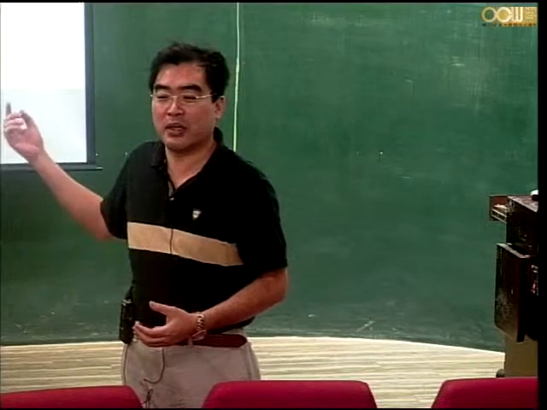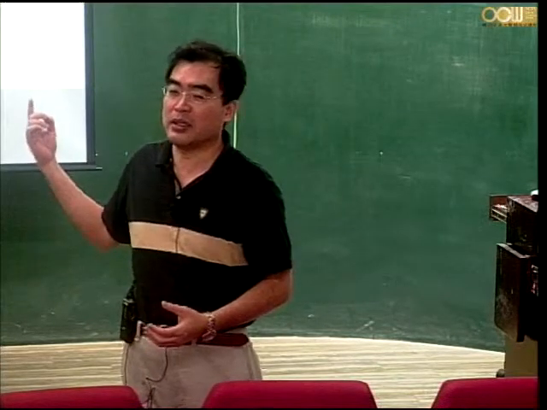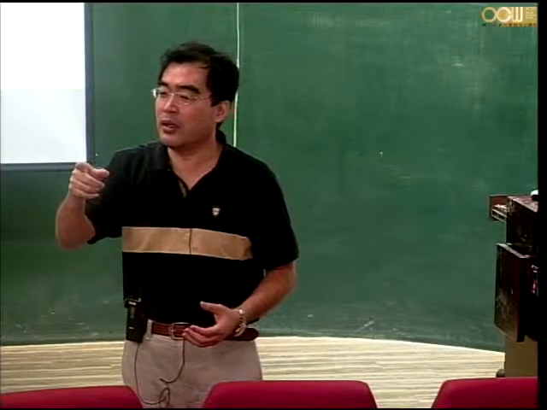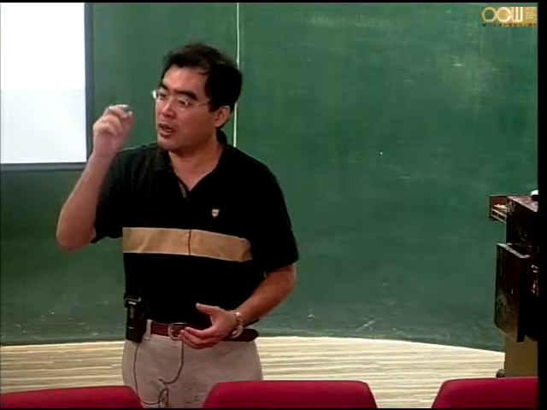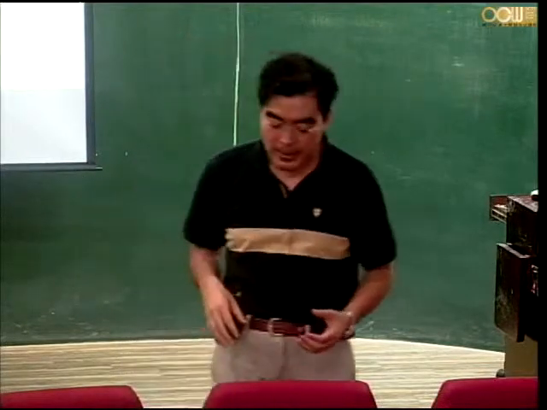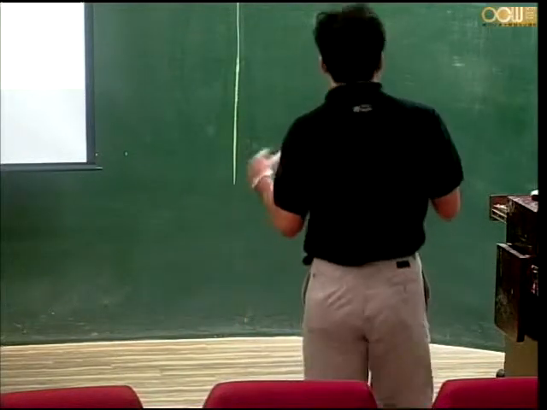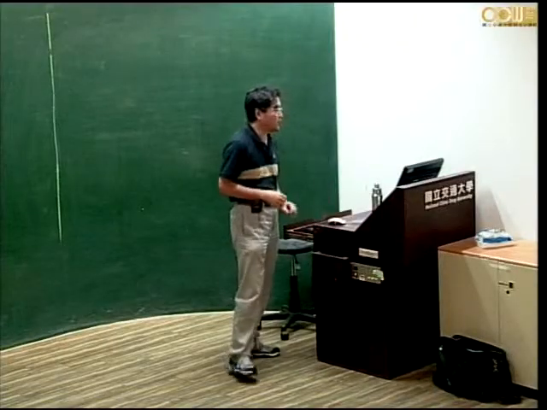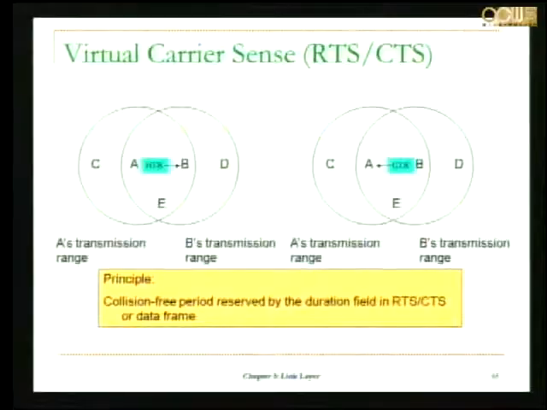First of all, carrier sense is not accurate. Secondly, when I transmit, it might be collided already, and I don't know, but I still continue to transmit. So there's another mechanism, which is optional, called RTS-CTS, to improve the inefficiency.